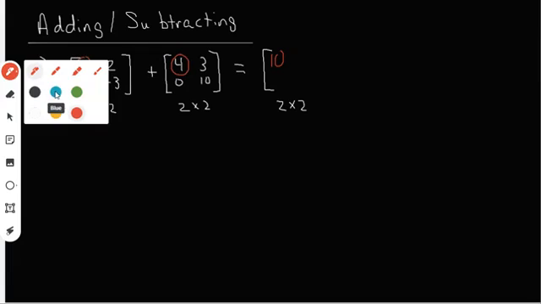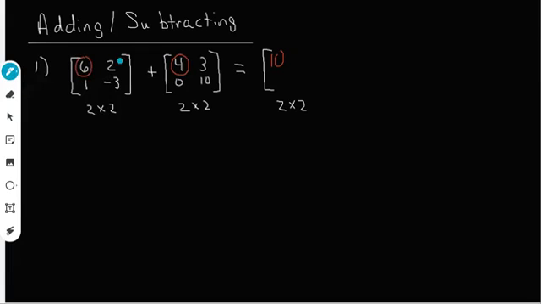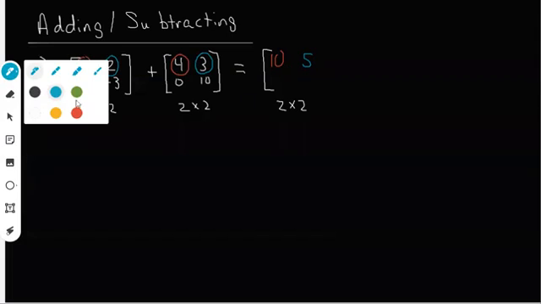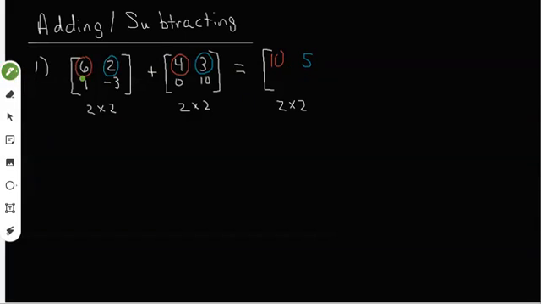Okay? Now let me change my color to blue, and we're going to circle the next number in each matrix. I'm going to circle the 2, and I'm going to circle the 3. Now we're going to add these together. What's 2 plus 3? That's going to give you 5. Okay. Now I'm going to go to green, and I'm going to circle the next number.